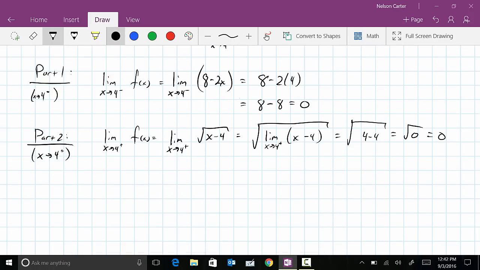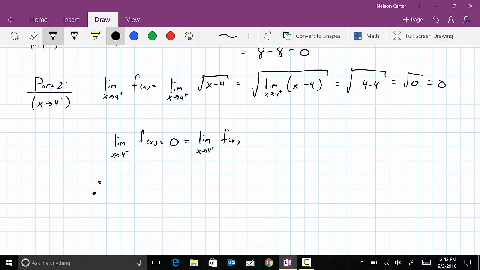So now we've shown that the limit as x approaches 4 from the left of f of x was equal to 0. And that was the same thing as the limit as x approaches 4 from the right of f of x. It was also 0. Therefore, the limit as x approaches 4 of f of x exists.